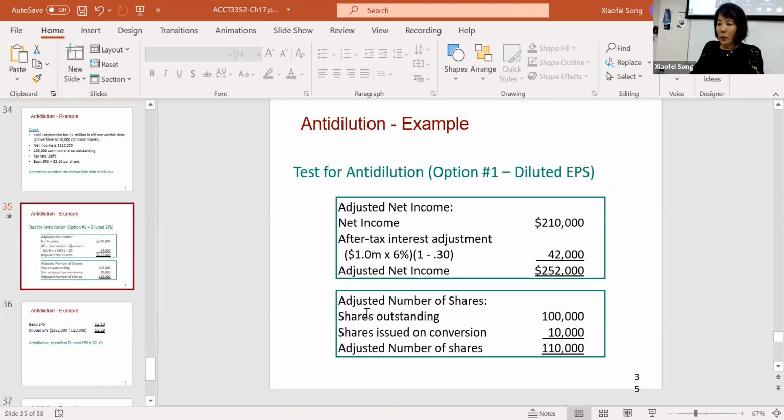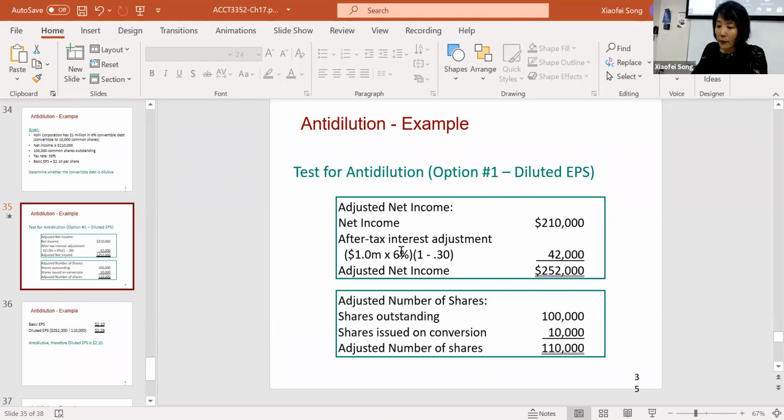So to determine diluted earnings per share, the numerator will be affected by the after-tax interest. Using the if-converted method, we will assume that the $1 million debt is converted from the beginning of the year.